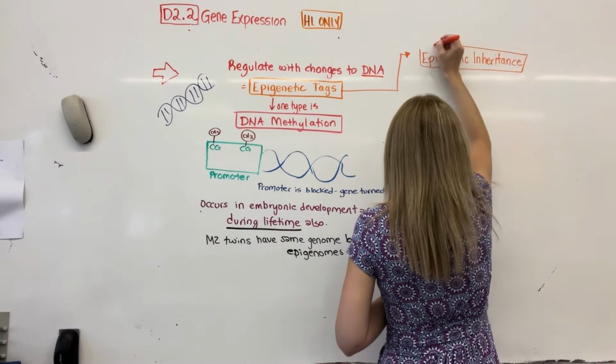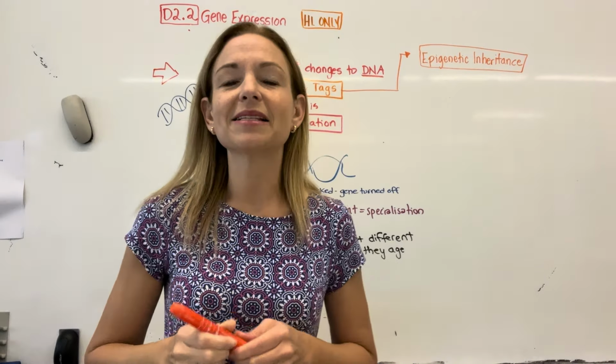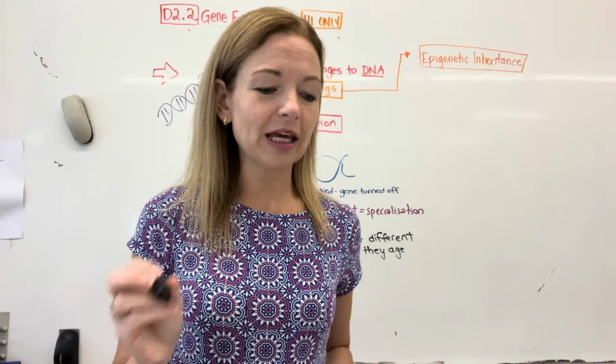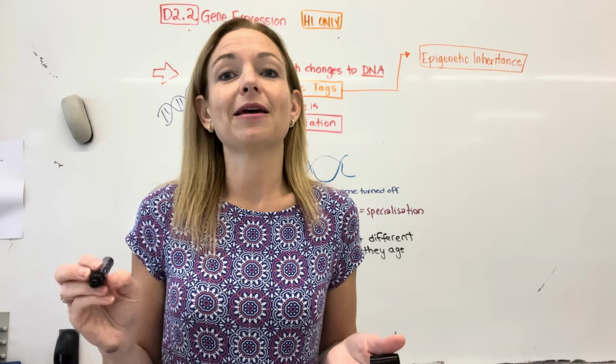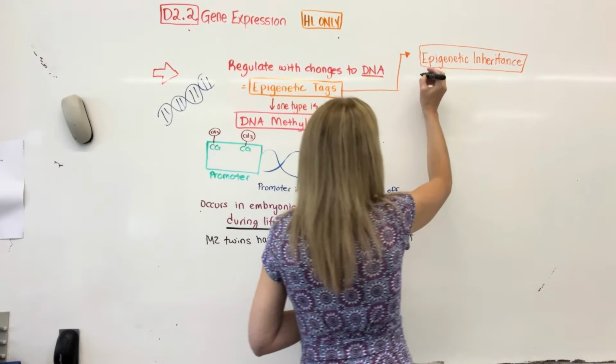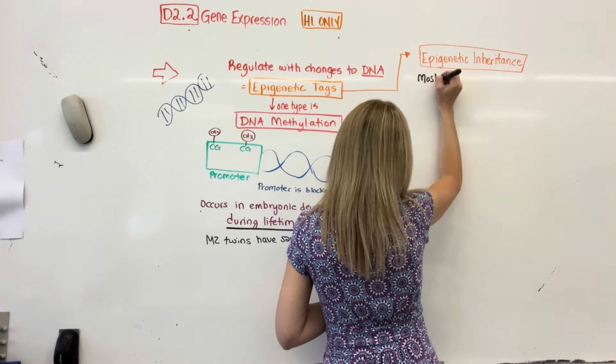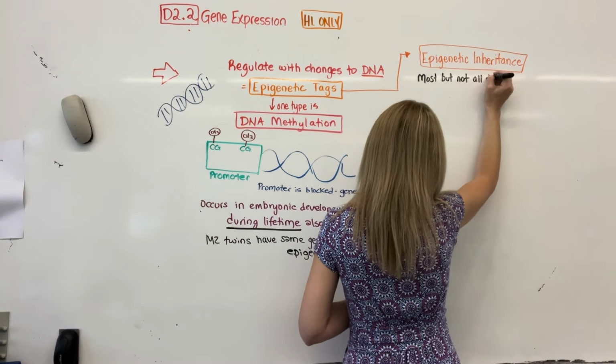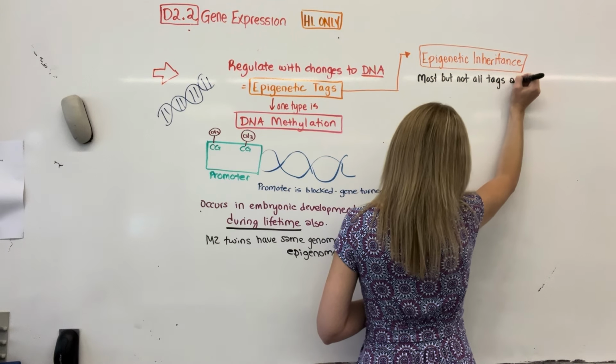So epigenetic inheritance is the passing on of epigenetic tags. Usually it should happen that they get removed. So most but not all tags are removed in meiosis.